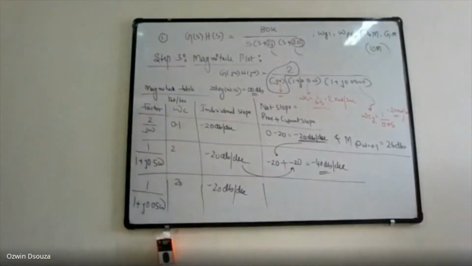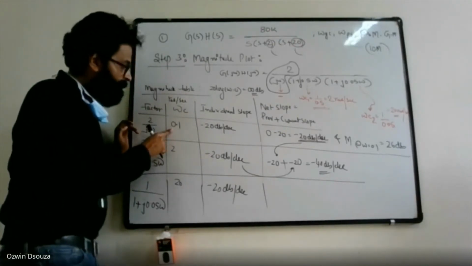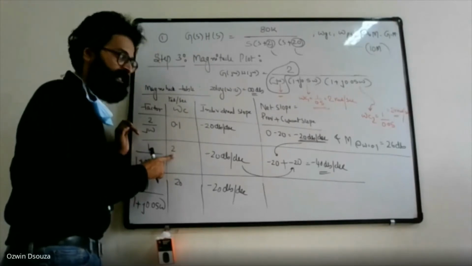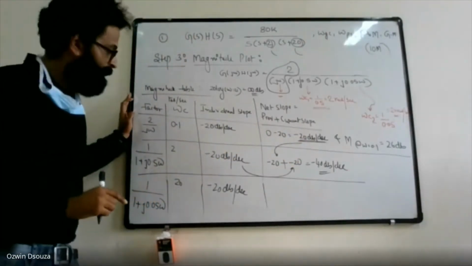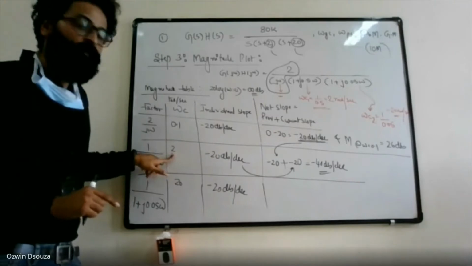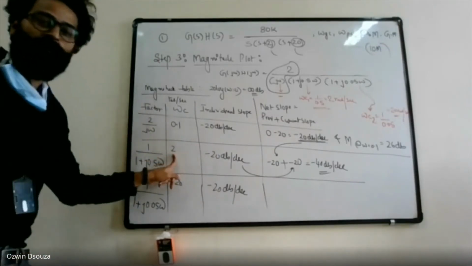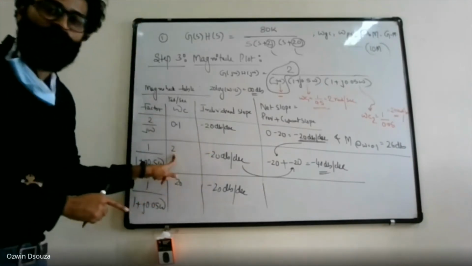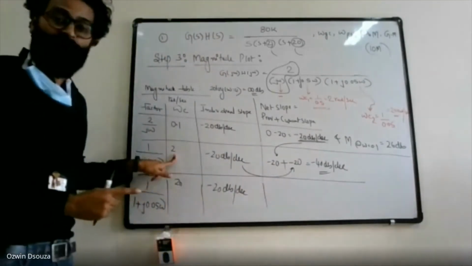So what is the meaning? So from omega c equal to 0.1 to 2 radian per second, the slope remains minus 20 decibel per decade. So from 2 radians per second onwards, a simple pole comes into picture. So that will introduce an additional slope of minus 20 decibel per decade, due to which the total slope becomes minus 40 decibel per decade.